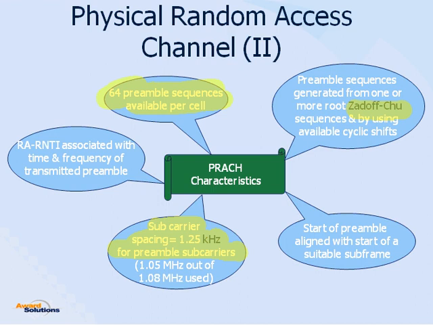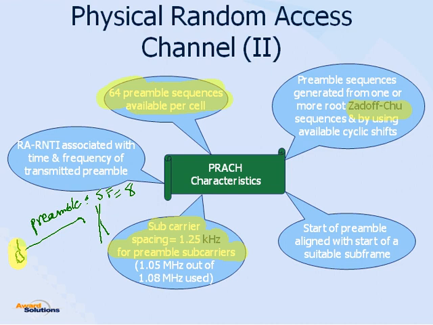And let's say we are a UE and we send this preamble during, let's say, subframe number 8. So we have 10 subframes, 0 through 9, within one 10 millisecond radio frame.